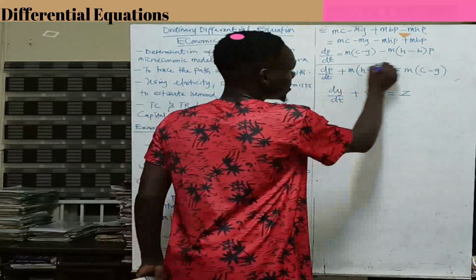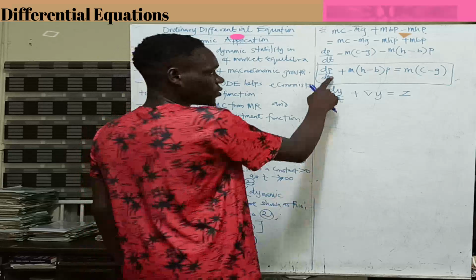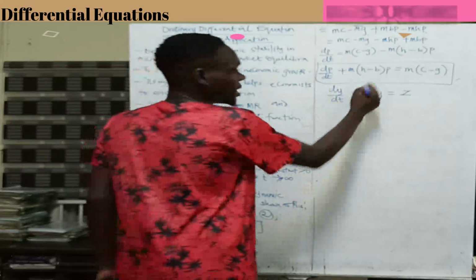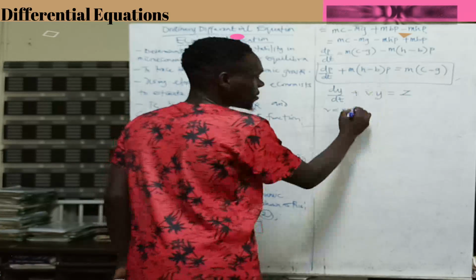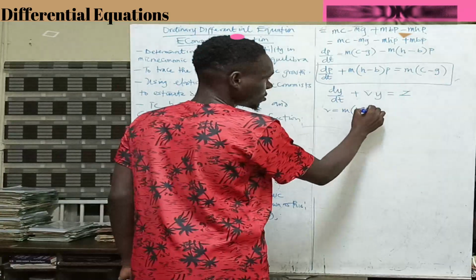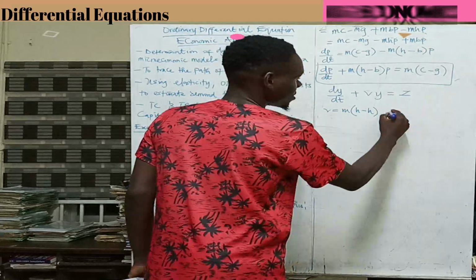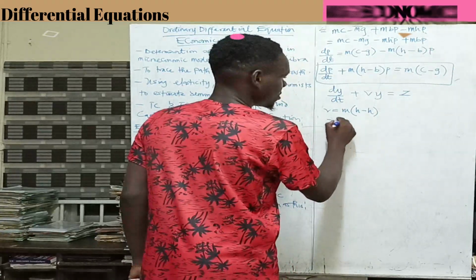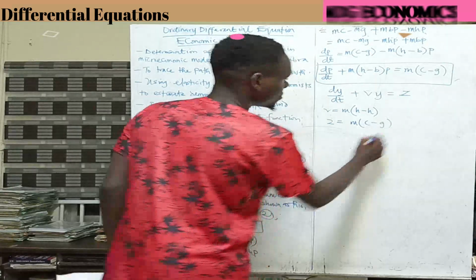Now if you look at this, this looks exactly like this. Now here our v is our MH minus B, then our z here is this, our z is MC minus G.